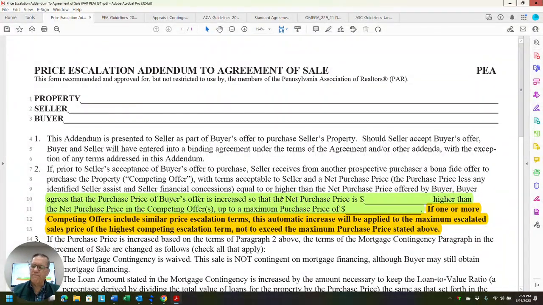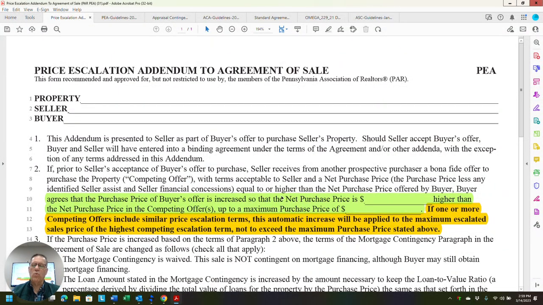And you've also identified with that listing agent that if multiple offers come in, they intend to use best and highest practice. If that's all true, in my opinion, do not use the price escalation addendum in your first offer, but stay very, very close to that listing agent so that you know whether or not you need to revise your offer, because there's nothing guaranteeing that they'll go to best and final.